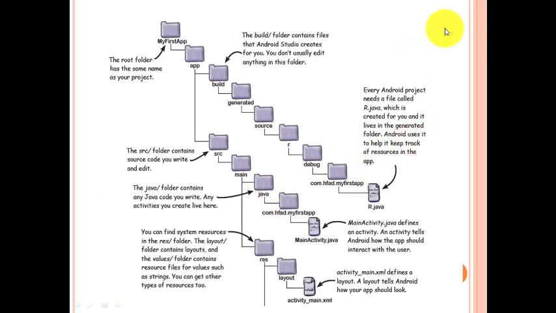Now, this is the basic structure of Gradle. Gradle provides the basic structure which looks like this. The topmost root directory is My First App, which is the name of the app that you create. Within My First App, there is the app folder.